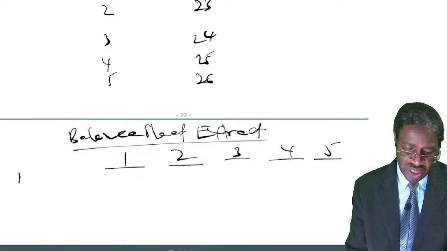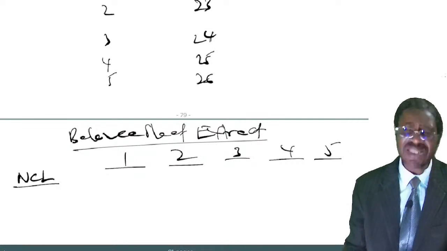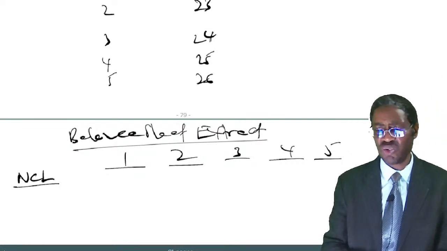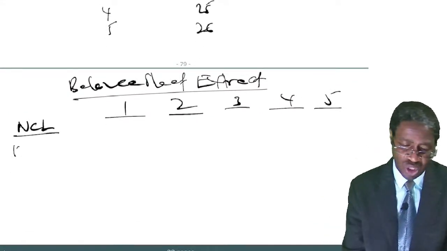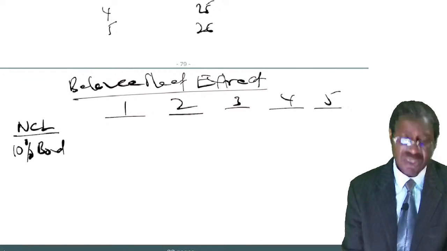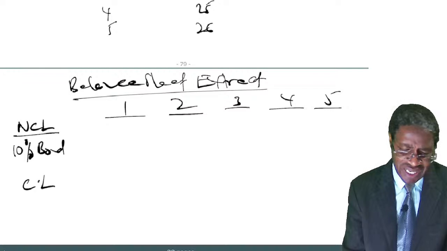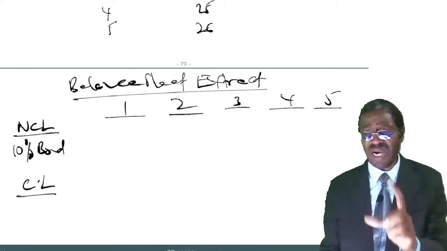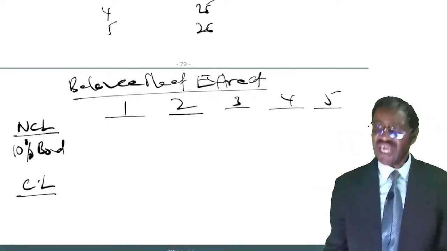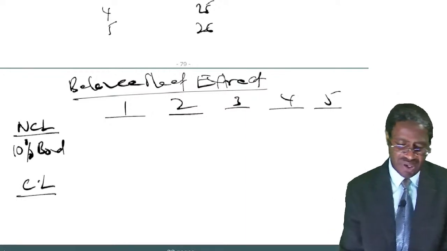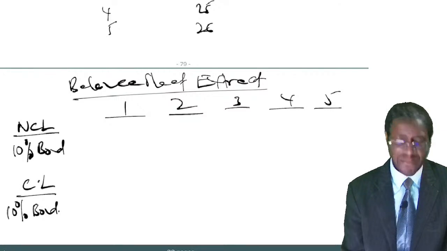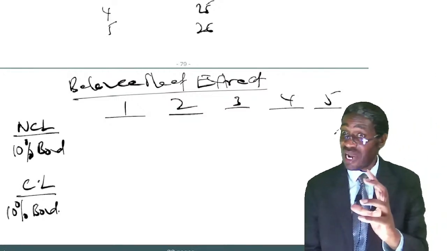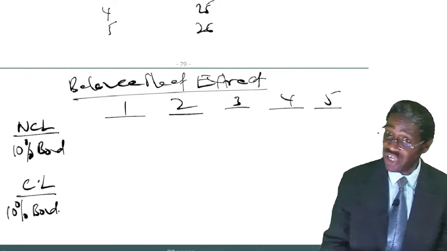In each of those years, somewhere among the long-term liabilities, or what we call non-current liabilities, you will have what we are calling a 10% bond. Then somewhere among the current liabilities, there also you will have a 10% bond. So let's go and classify our liabilities. Listen to the argument now.